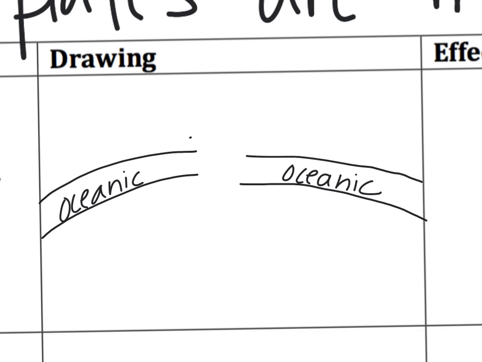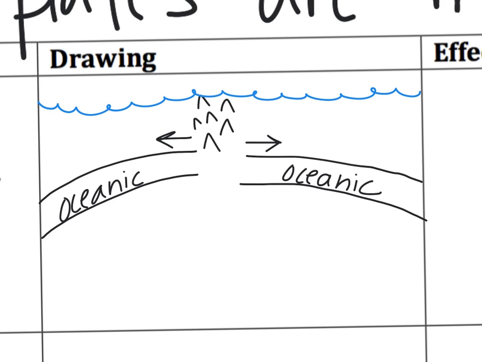And they're moving away, so I'm going to draw my little arrows. And this is where the magma is coming up and it's creating the mid-ocean ridge right here. So we've got our ocean water here. So in the middle of the ocean, both of these are oceanic.